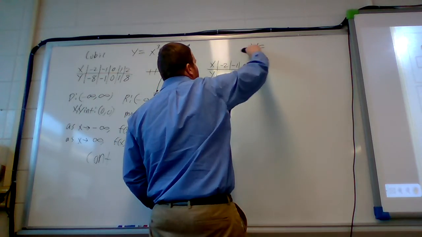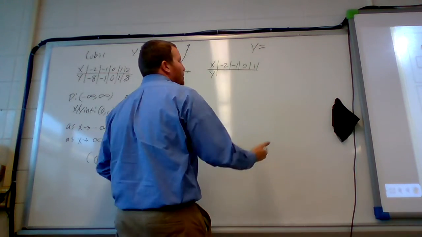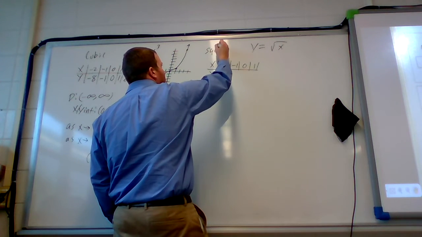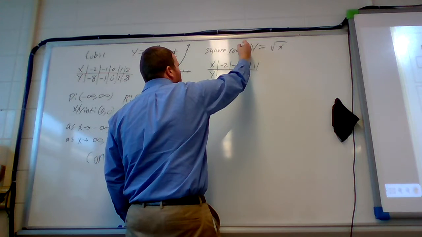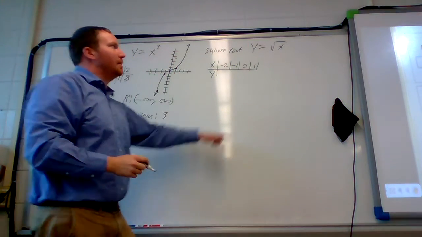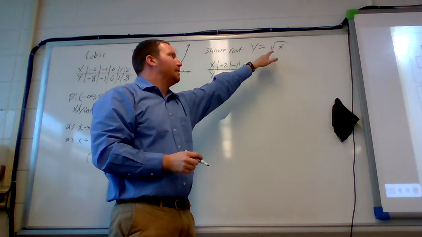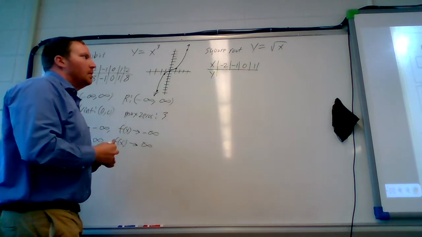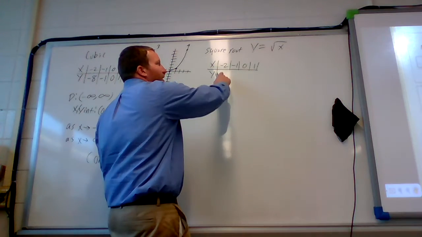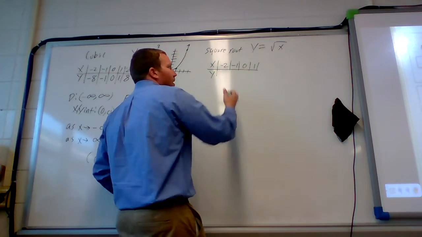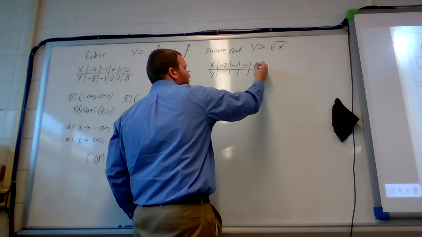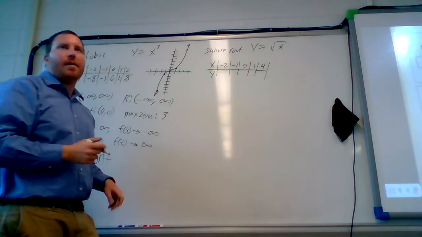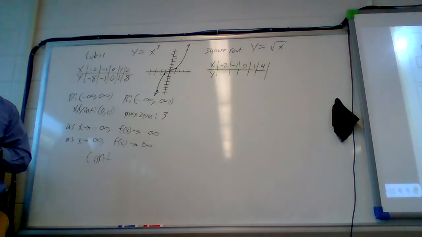So our square root function is we're going to take the square root of x. Sometimes this is also called the radical function because this is our radical, that little shape. What happens if I plug in -2 into a square root? Think back to the very start of the year.